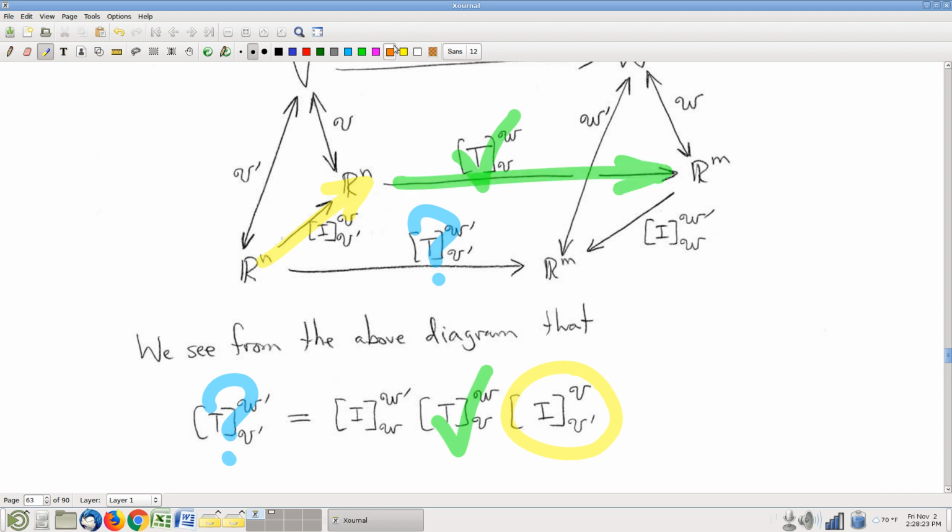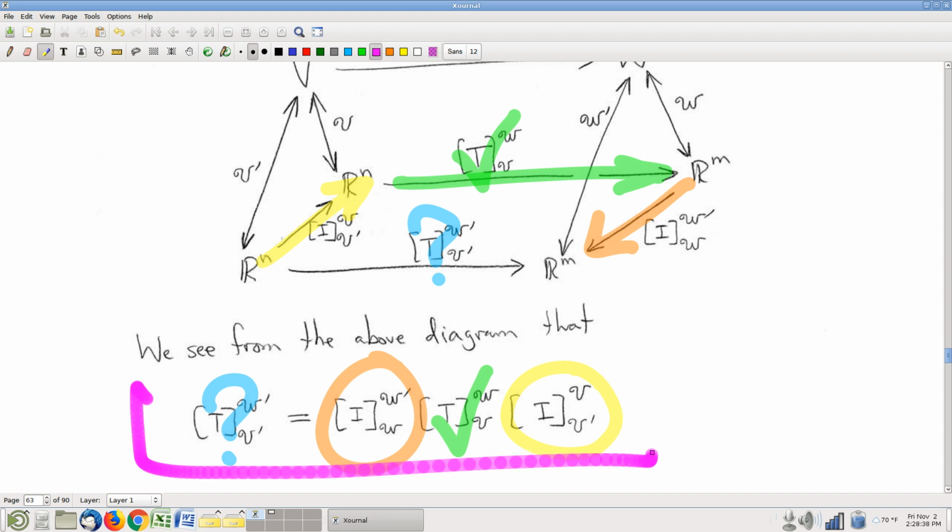And finally, notice that the output from T is in W language. Let's convert from W to W prime language, again a change of basis. So this one little formula right here allows you to do that conversion. Everybody see how that works?